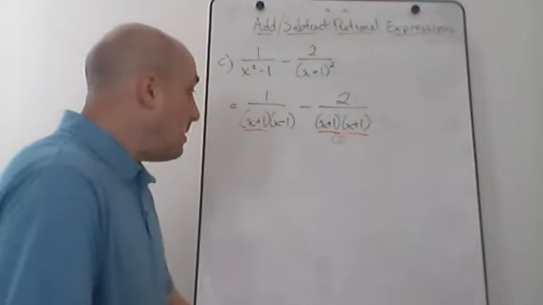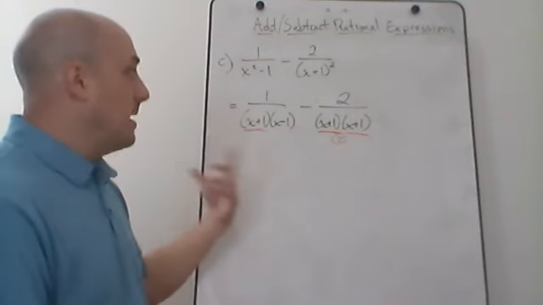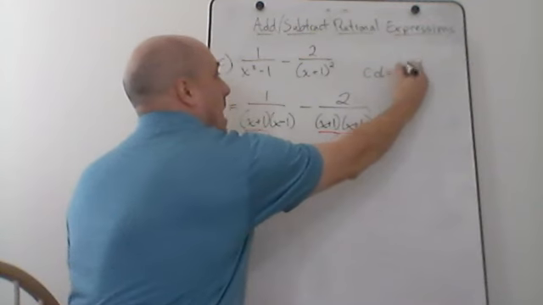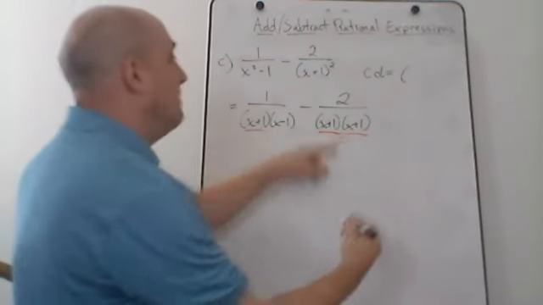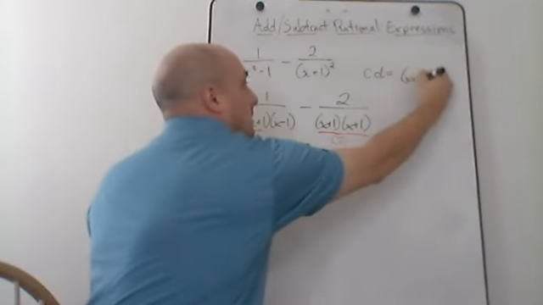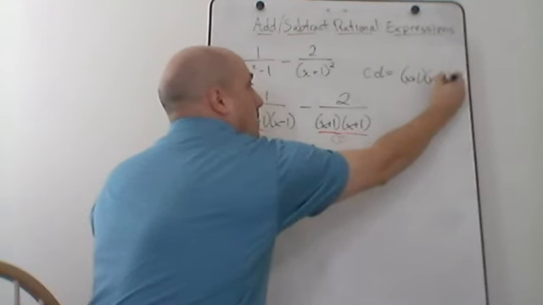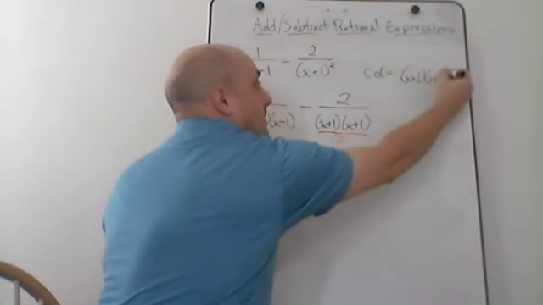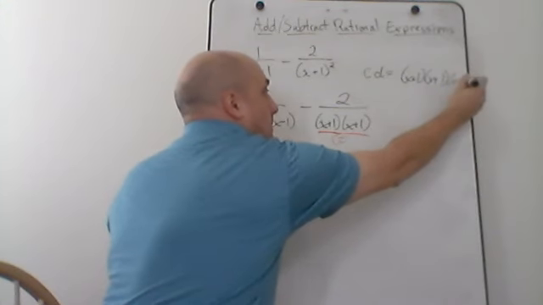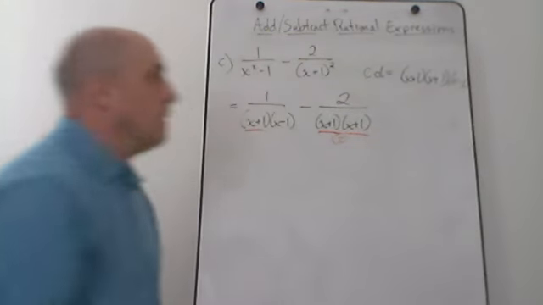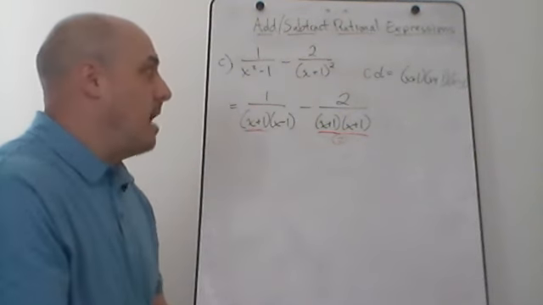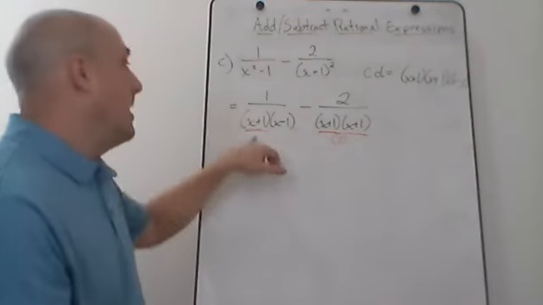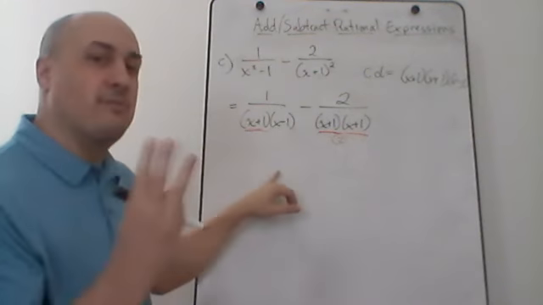So my common denominator is going to have 2 of those x plus 1 factors, but it's also going to have this x minus 1 factor that I have over here in this first fraction. So that's my common denominator. It's going to be x plus 1, x plus 1, x minus 1. Again, I don't have to include the x plus 1 3 times.